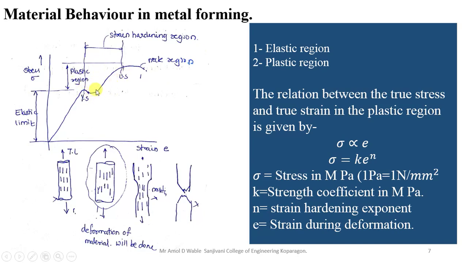And whatever work we have to do, or whatever shape we want to give to a workpiece, behaves exactly on this curve. So there is a need to study the plastic region, to get the shape changed on your workpiece.